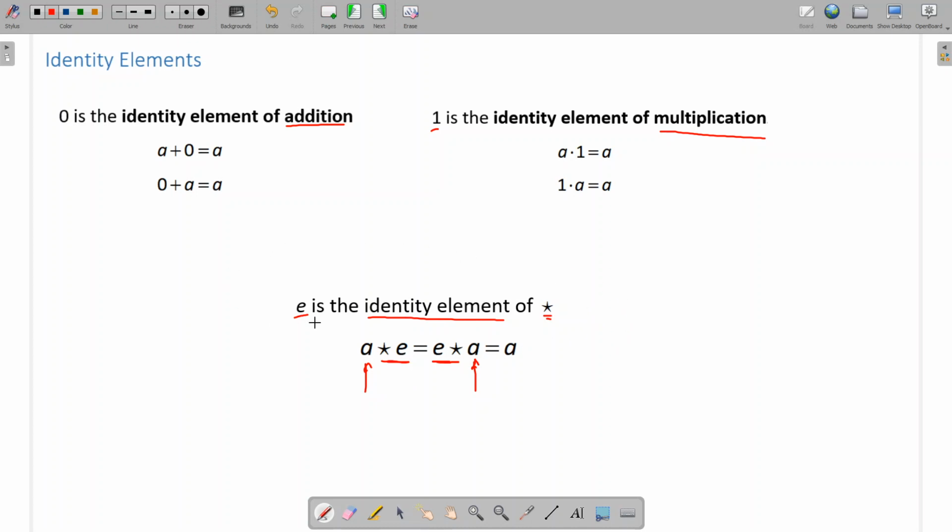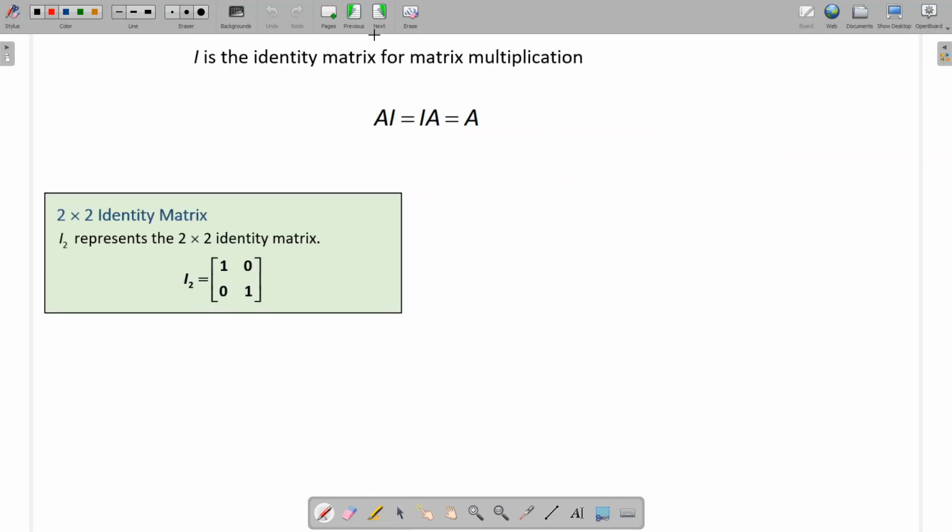This concept can be extended to all sorts of binary operations. In particular, we want to apply it to matrix multiplication. So we want to find a matrix that has the same property as the number 0 does with respect to addition and as 1 does with respect to regular multiplication.